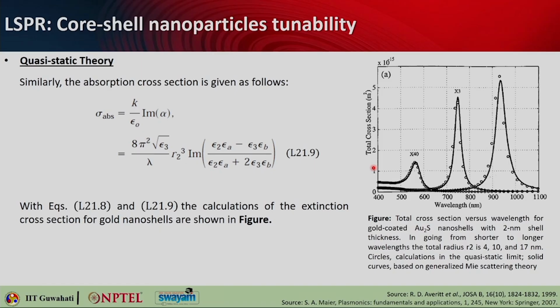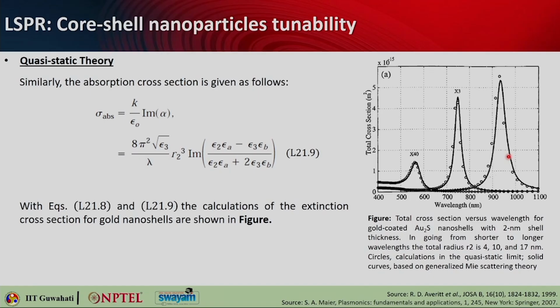So, it is basically the summation of scattering cross section and absorption cross section, for a gold coated Au2S nanoshell. The shell thickness is 2 nanometer, and in these 3 cases, R2 has been changed to 4, 10 and 17.